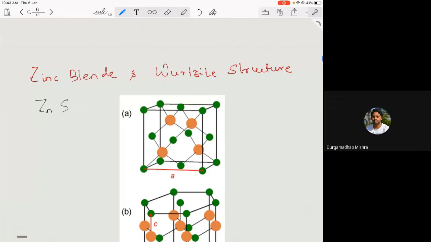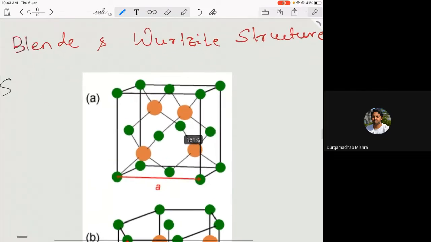So what is a zinc blende structure? Let's say this green one is zinc and the blue one is sulfur. What you see is the green ones make again an FCC lattice, and the sulfur sits at the tetrahedral voids. Sometimes people also represent it the other way.